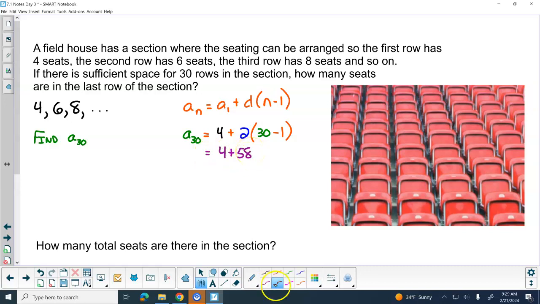So the 30th row has 62 seats in it, right?